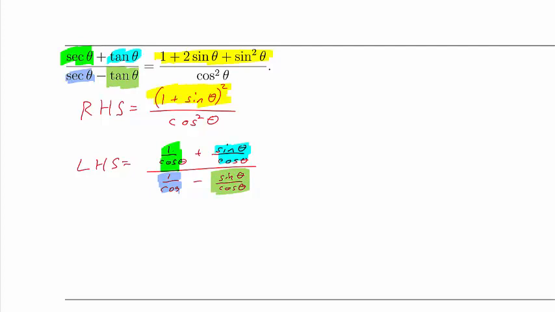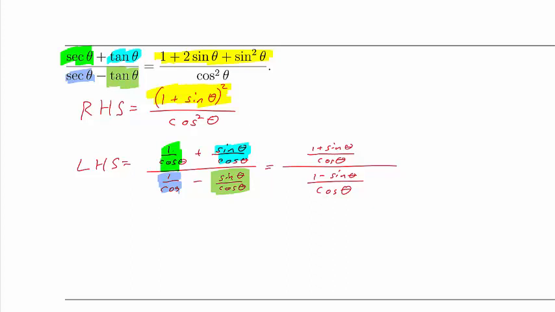Alright, so fortunately everything that we're adding and subtracting already has common denominators, so we can set this up in the top as 1 plus sine theta divided by cosine theta. And then in the bottom we have 1 minus sine theta divided by cosine theta. Alright, good.